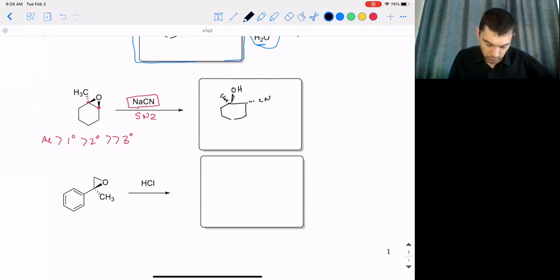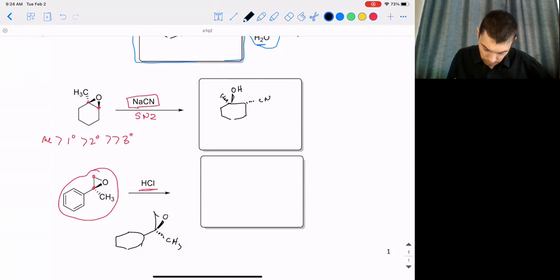All right, last one. Oh, another pesky epoxide shown here. Two sides. And let's see here. In this case, now we have HCl. So that's going to protonate the epoxide first. Protonated epoxide. And protonated epoxides tend to react on their more highly substituted positions.